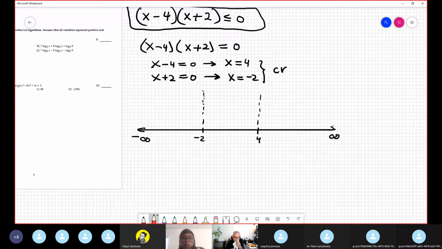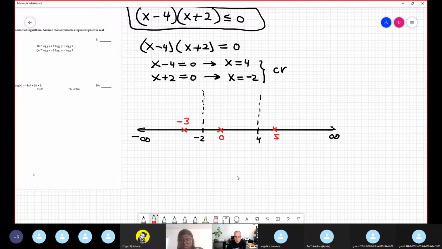And you select a completely arbitrary testing point inside each one. Maybe I select 0, because 0 is easy. Here I select 5, or 6, or 7, or 11, or whatever. And here negative 3, negative 4, one value that identifies the interval, that is inside the interval.